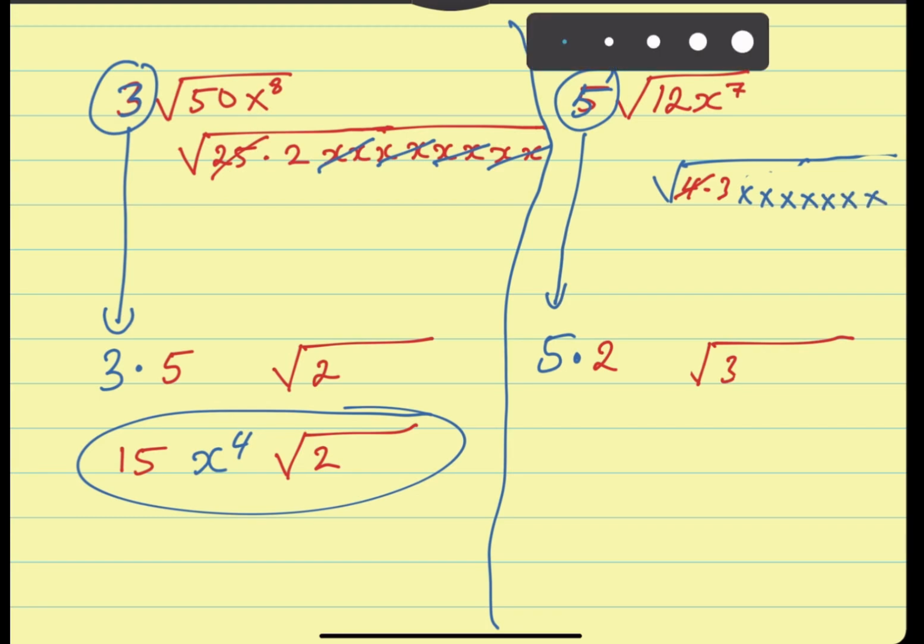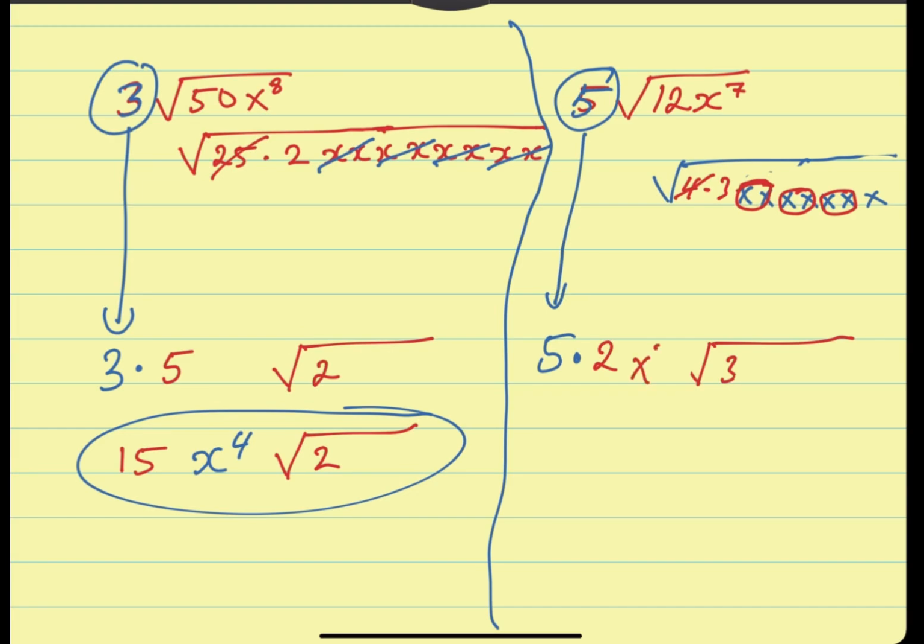And we put them in groups of what? 2. 1, 2, 3. They go outside. X to the power of what? 3. And the leftover stays.